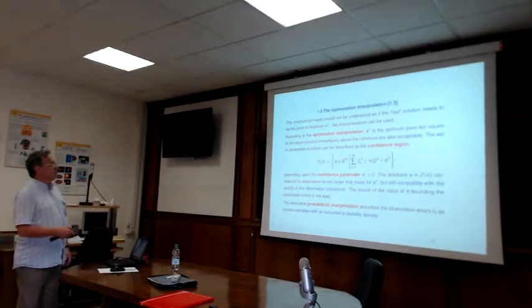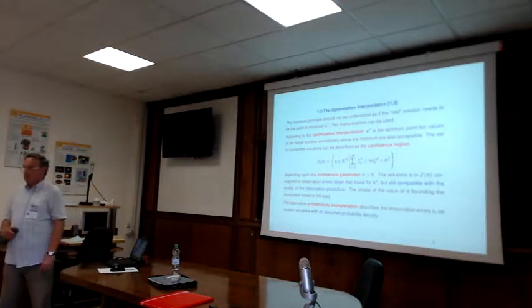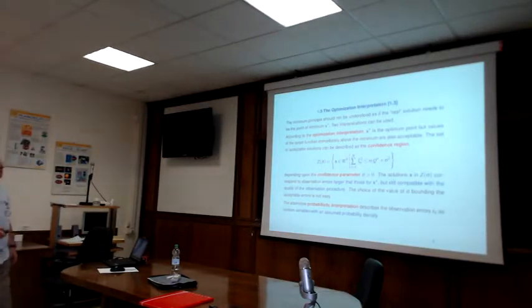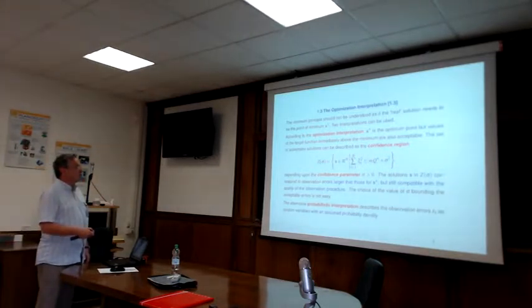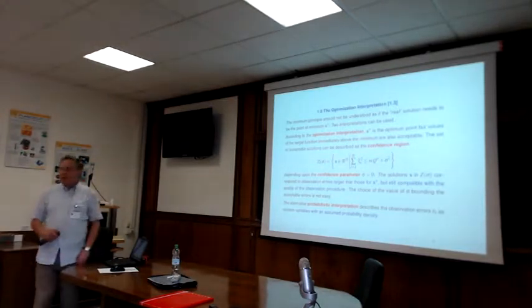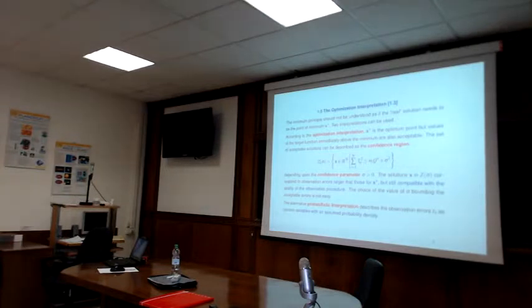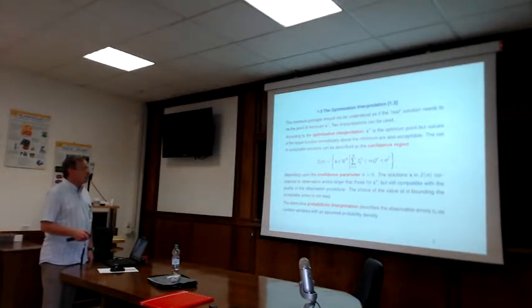If you adopt what I call the optimization interpretation, X star is the optimum point, but values of the target function which are immediately above the minimum are also acceptable. This implicitly defines what I might call a confidence region, which is a region in the X space such that the sum of squares is not Q star, but not too much above it. And there is, of course, one free parameter in this, which is this confidence parameter.